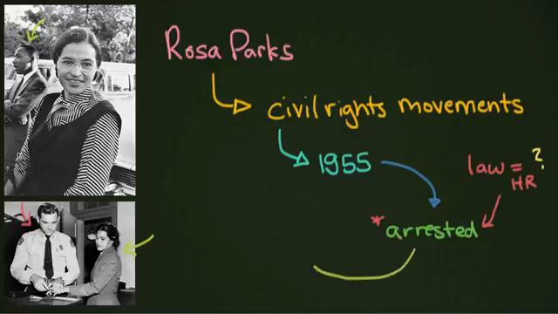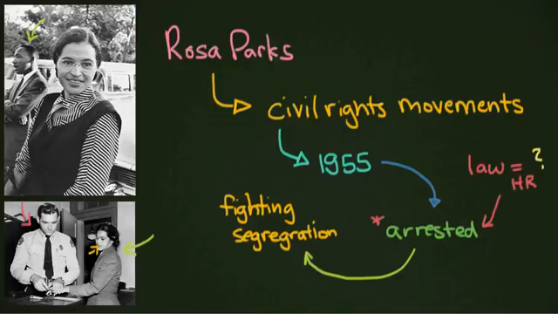Well, in this case, most people would agree that it was not. And really what Rosa was fighting in this moment was not necessarily for her seat. That was a big part of it, obviously. But really more than that, she was fighting segregation. And segregation was this policy that was a very big deal in the United States at that time and would be a big deal in lots of other places and kind of still is a big deal in other places, where people of different racial backgrounds, so white people like this guy here and black people like this woman here, like Rosa, were basically held apart.